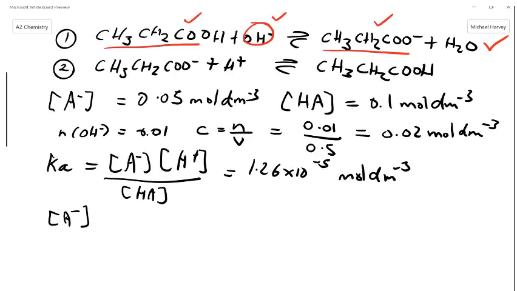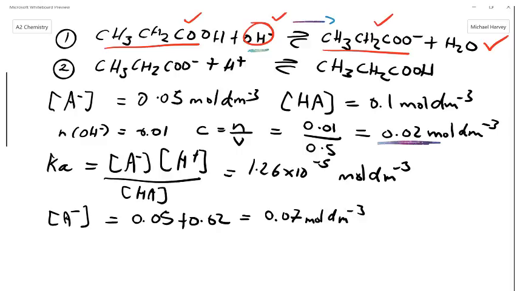A minus is going to increase because you're, of course, adding more hydroxide, and it's going to increase by 0.02 moles. So A minus is going to equal 0.05, the initial concentration, plus 0.02, which equals 0.07 moles per decimeter cubed.